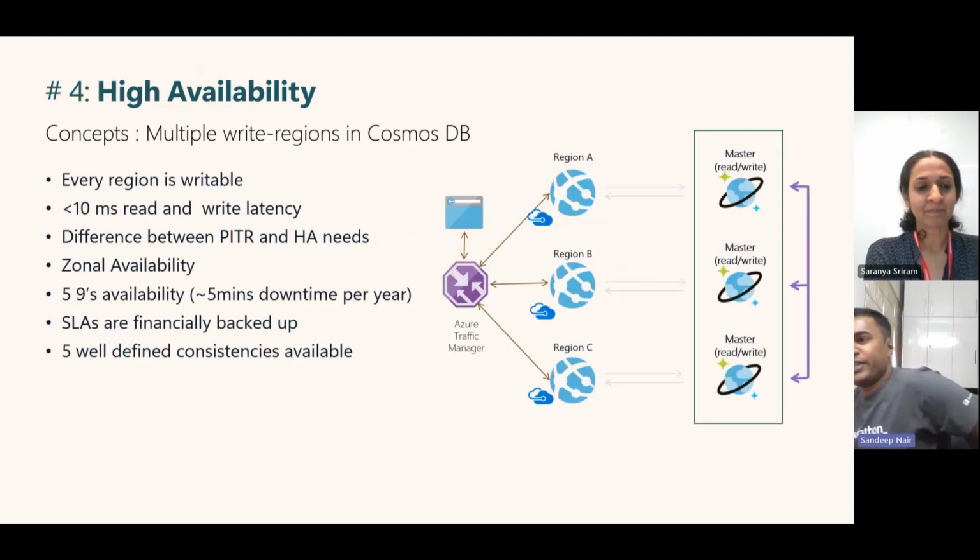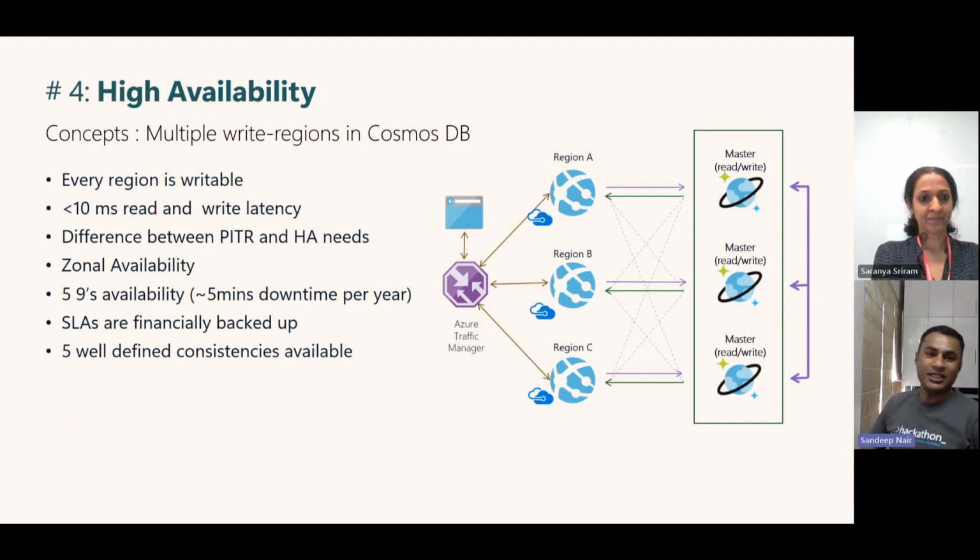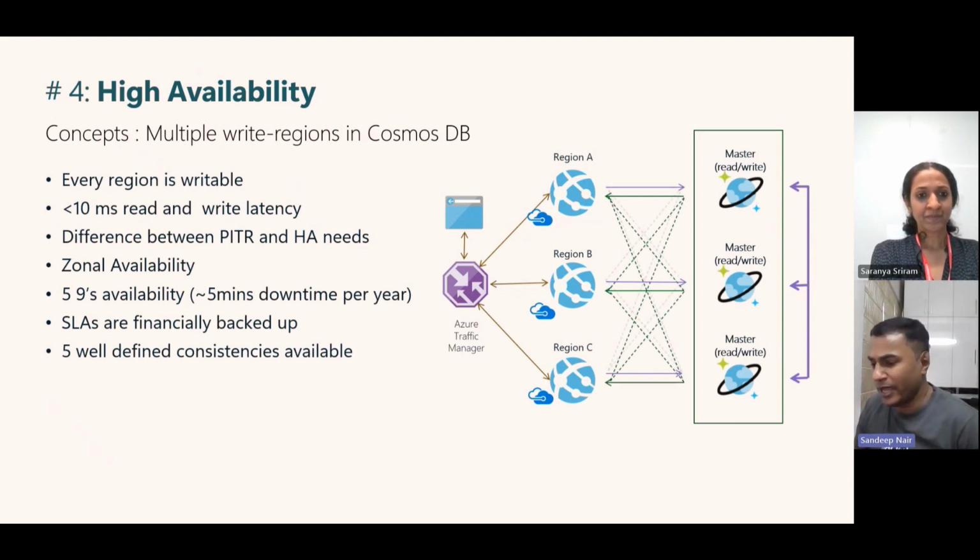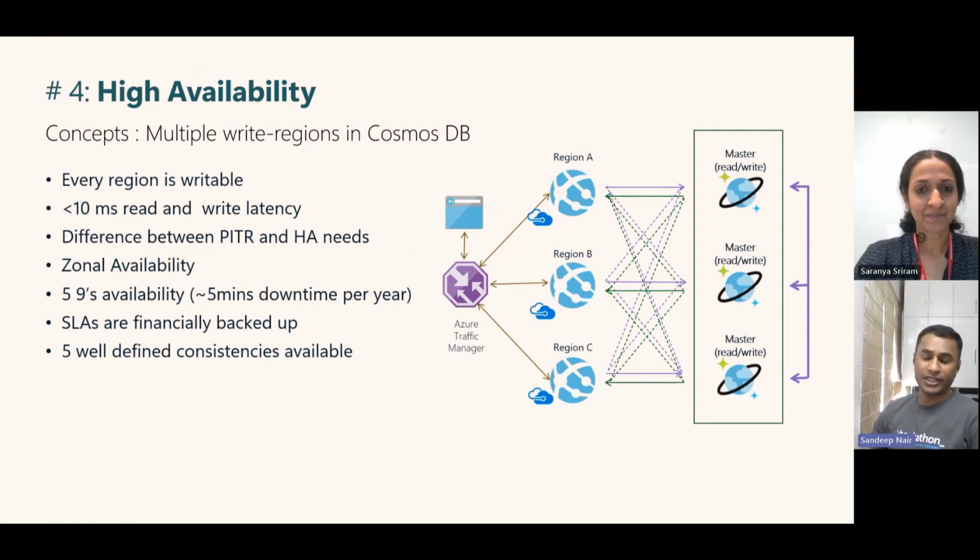Sure. When we talk about high availability in Cosmos DB, backup is not the right tool for doing that. Multiple regions is the right tool. The reason is that when a region is down, the service itself is down, so you cannot take your backup, restore it, and create your service at that point.